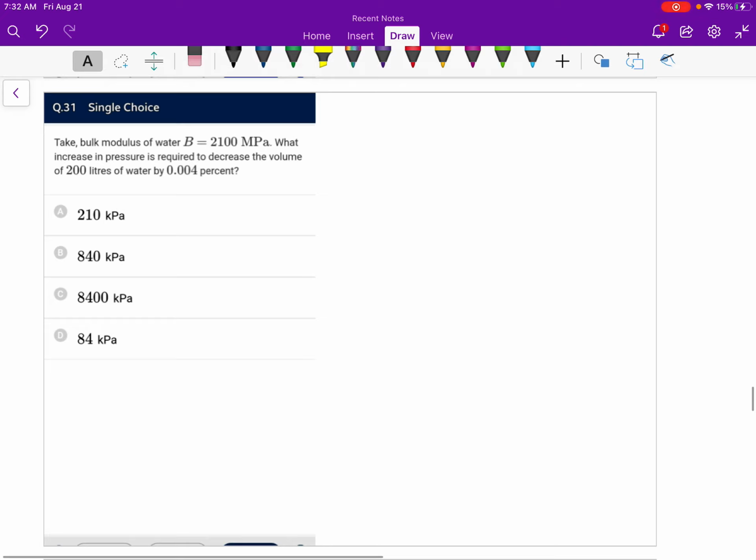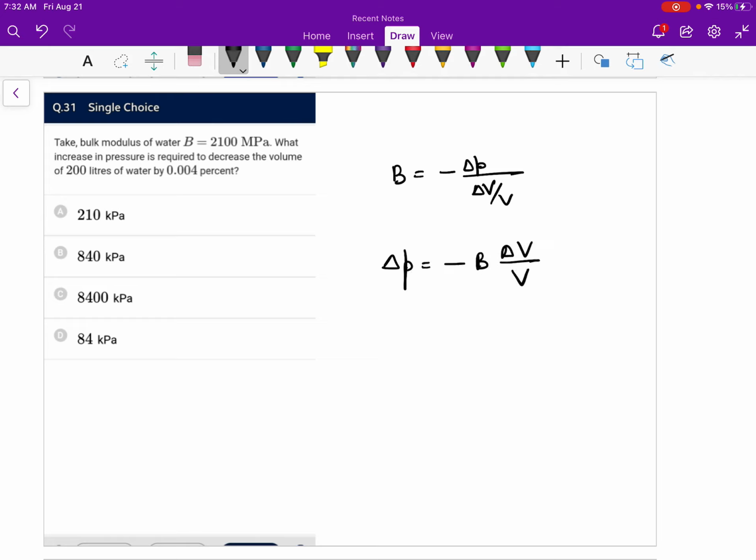Bulk modulus is this. What increase in pressure is required? So delta P, we know that bulk modulus is minus delta P upon delta V by V. So delta P is minus B times delta V by V. So B is 2100 into 10 to the power 6. Delta V by V is minus 4 into 10 to the power minus 5.